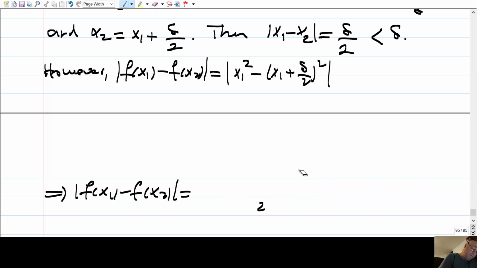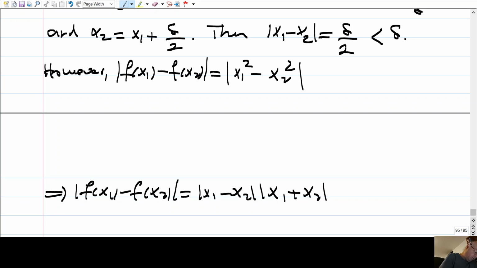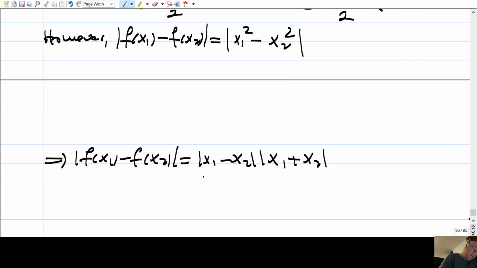Sorry, we need to do this as follows. So x1 minus x2 times x1 plus x2, right? The first factor is just delta over 2.